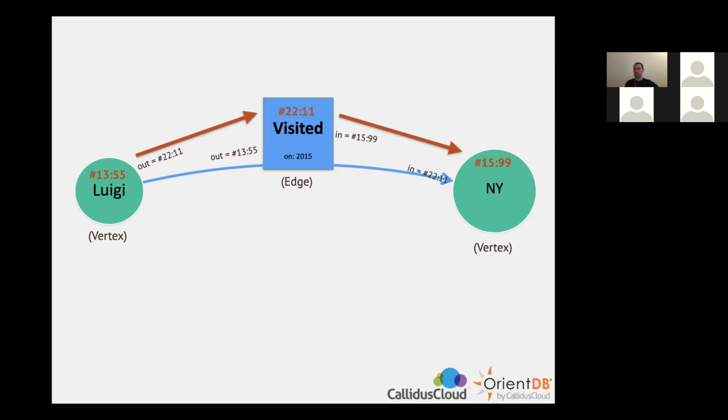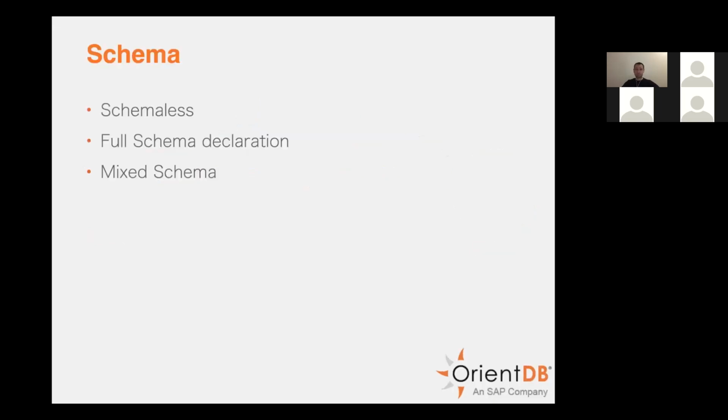Imagine doing a query in a relational database where you have 1,000 joins. So table A, join table B, join table C, join table D, and so on, for 1,000 levels. It's just impossible. It's not something you can do. Now, this is where native graph databases make a difference. This is something you can do only with a native graph database. And OrientDB is a native graph database because of physical pointers.